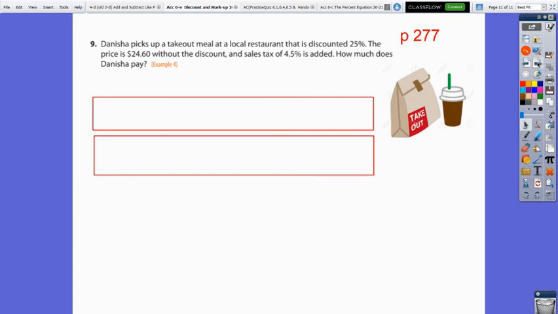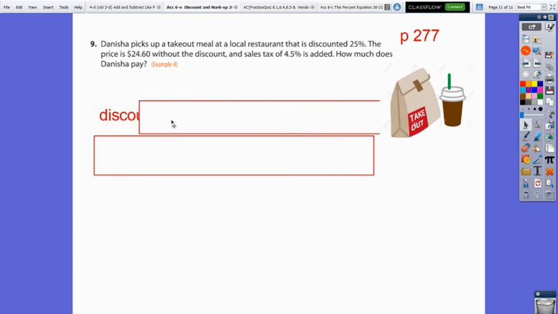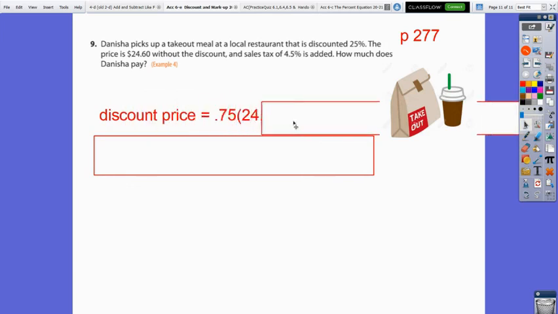So what's her total bill here for the meal? 2 steps required here. First, what is the sale price? If it was $24.60 and it's 25% off, that means that she is paying 75% of the original price. So 75% of $24.60 is $18.45.